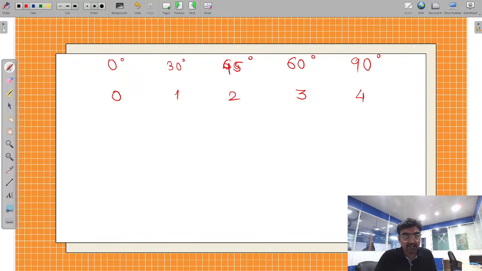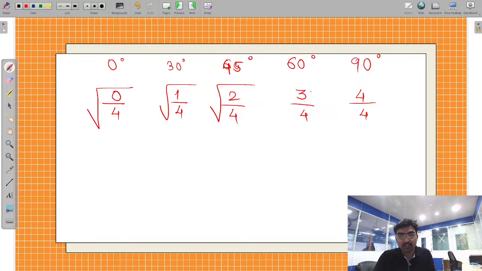Now divide all these numbers by 4. Okay, got it? After dividing, put them under square root. That's it. Done. 3 steps. Write 0, 1, 2, 3, 4, divide them by 4 and put them under square root signs.